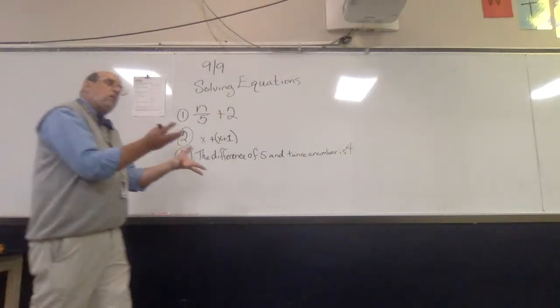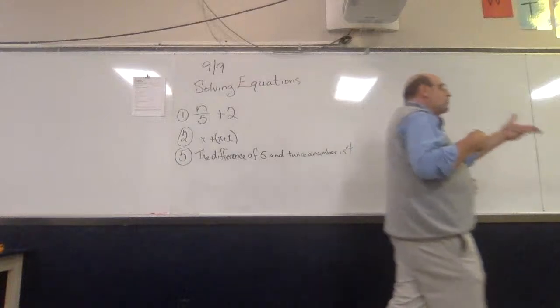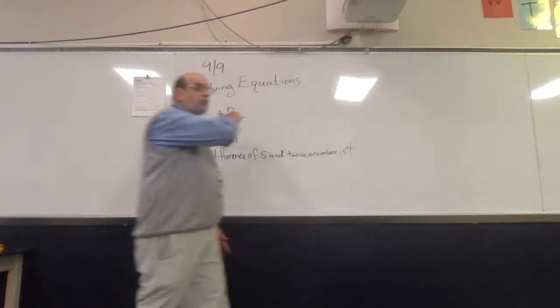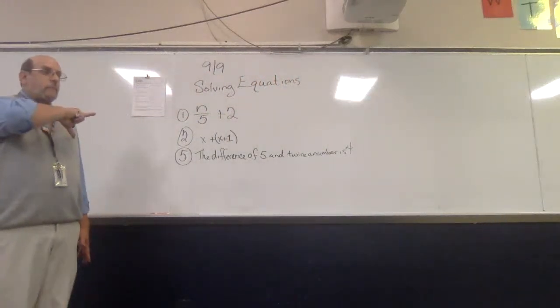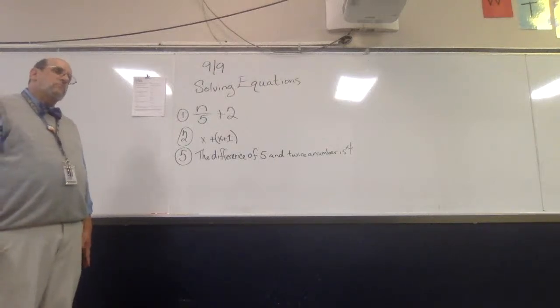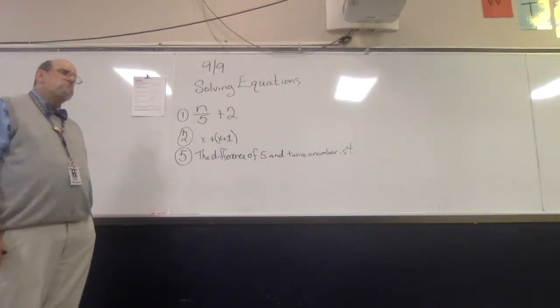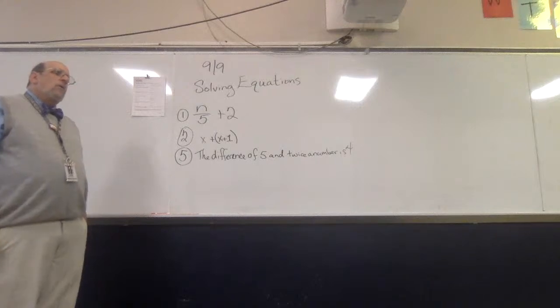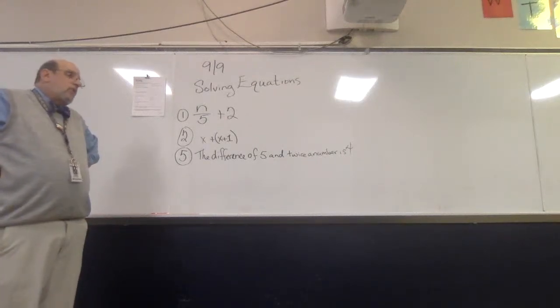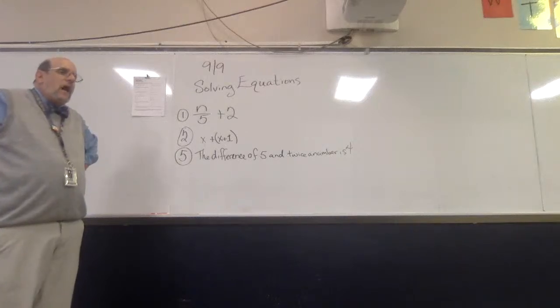Okay? So why not write 5 minus 2 times the number is 4? I mean, it's cool to say the difference of, right? You could, right? I'm just used to my teachers telling me not to use those ones, just to get used to the other ones. Okay. So I can just say 5 minus 2 times the number, or twice the number, equals 4.